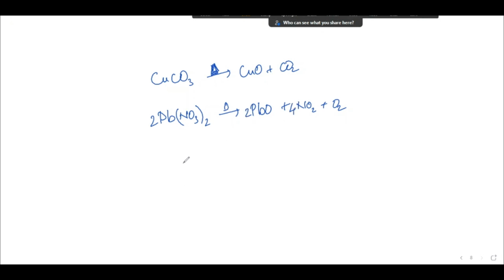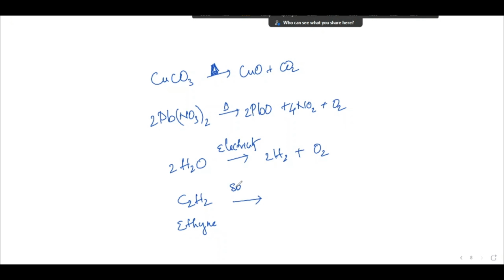And if you take water, when you pass electricity through water, it will decompose to give hydrogen H2 gas and oxygen. If you take a compound like C2H2, this is called ethyne. When you supply energy in the form of sound, it will also decompose to give carbon and hydrogen.